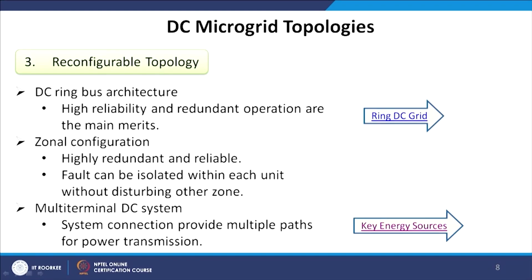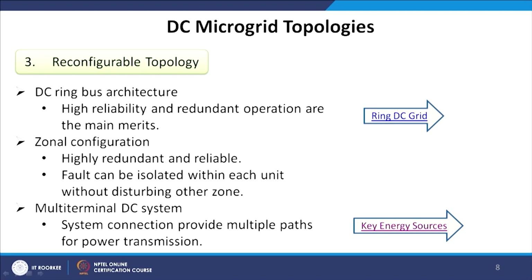Now, next we have to understand the ring structure, which is highly reliable and it has many merits compared to other architectures of DC grid. But as a whole, reliability is the main feature of a ring architecture.